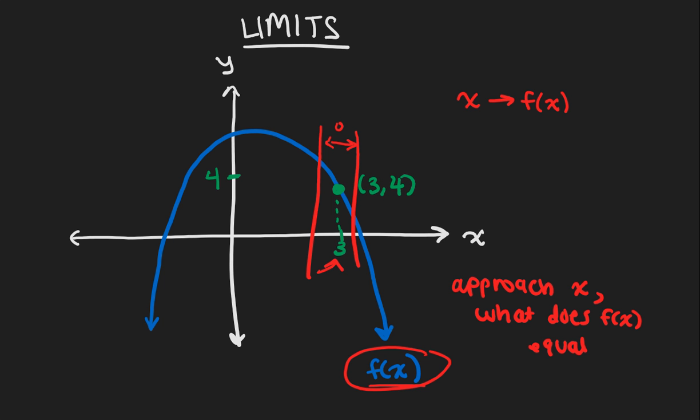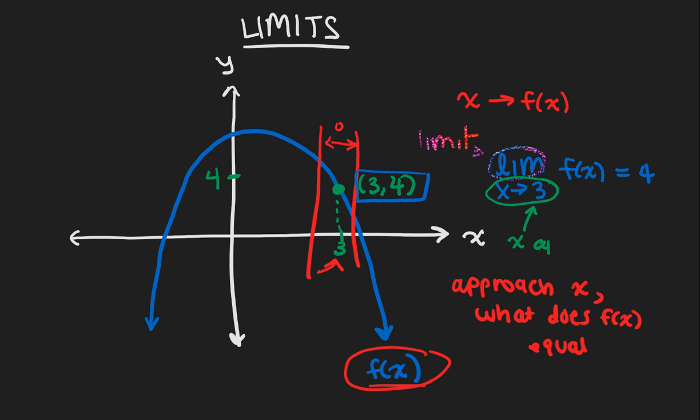So in this problem, you can kind of see that if we do that, we just approach this point. So what we can say is that the limit as x approaches 3 of f of x is just equal to 4. So this is the notation of a limit, where this part declares the fact that it's a limit. This part here talks about the x value we are approaching.